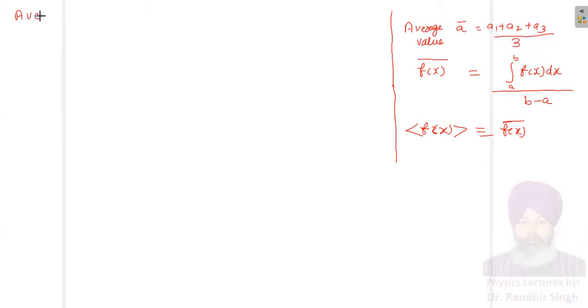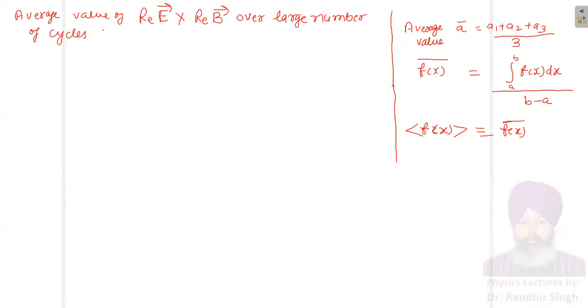We want to find the average value of the real E vector cross the real B vector over a large number of cycles, that is, 0 to nT, where T is the time period.